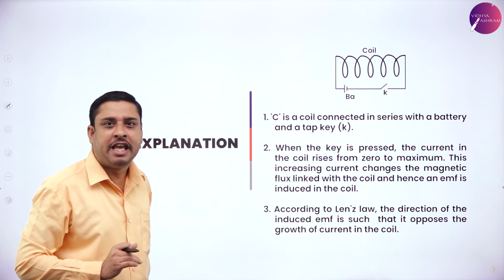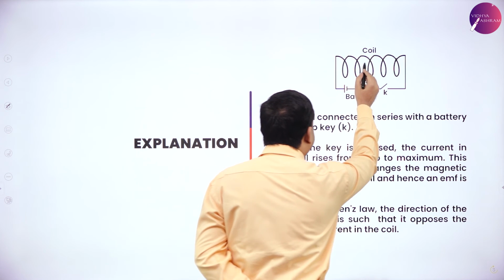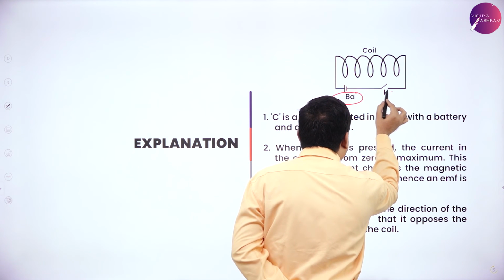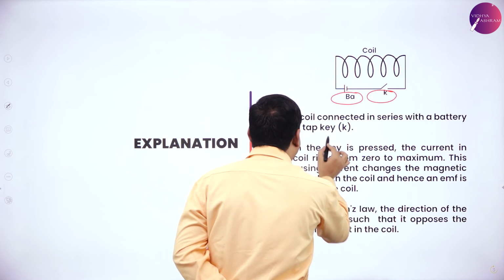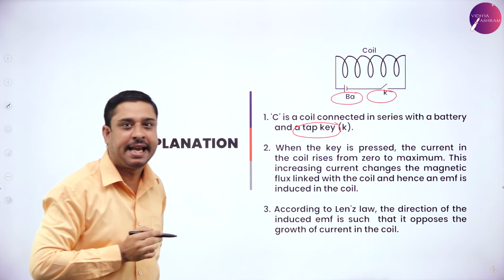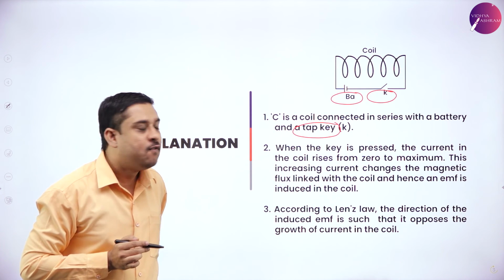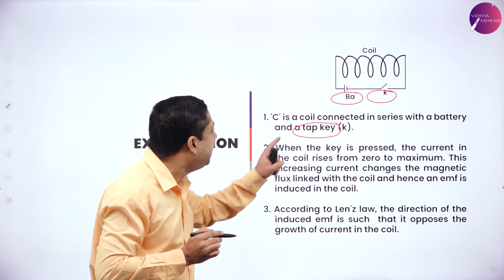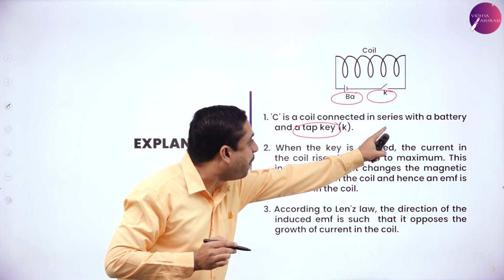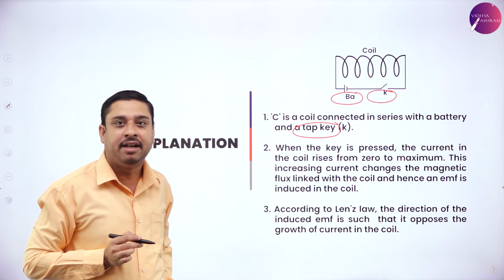Yes. Now, if you observe the slide, there is a coil which is connected to a battery and a tap key. A coil which is connected in series with a battery and a tap key.